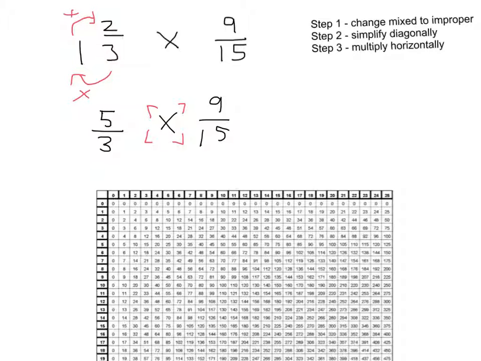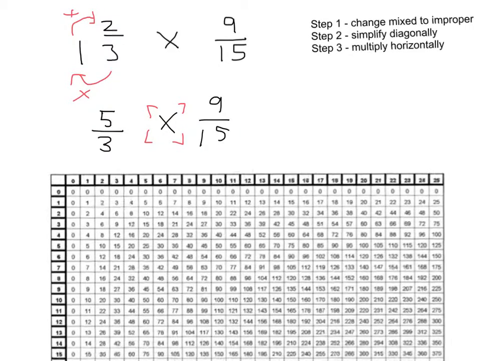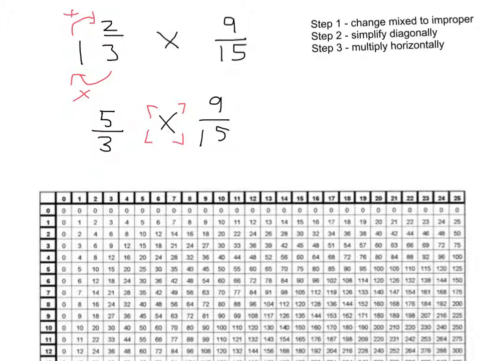Now, if you look at our times tables, we'll see that there is a number 5 over here and a number 15 over here. So you can see that we have the numerator and the denominator in the same row, in this case in the multiples of 5.